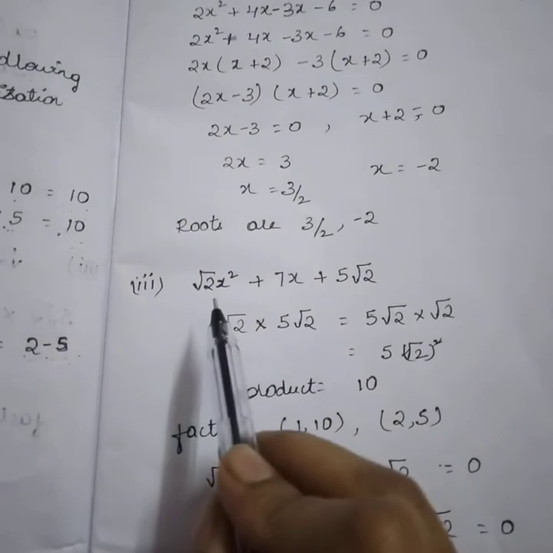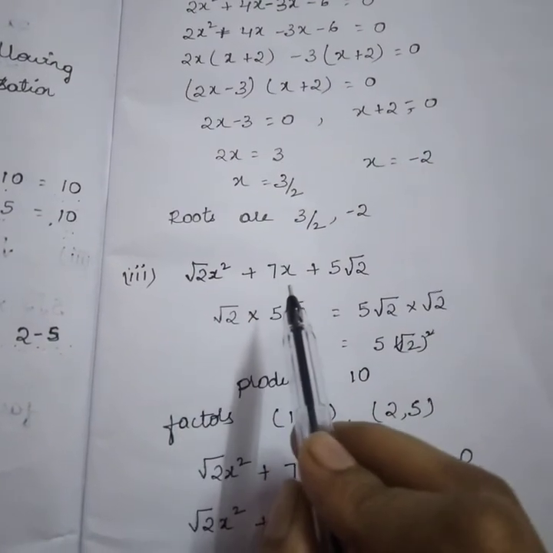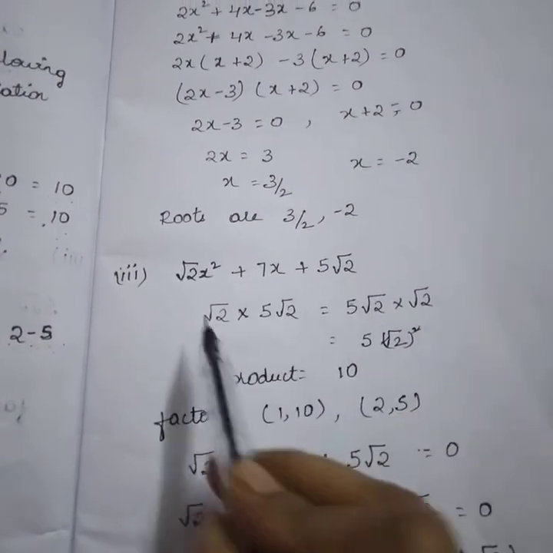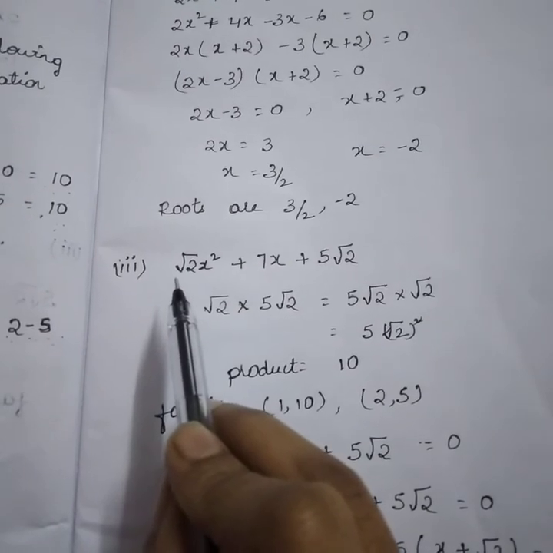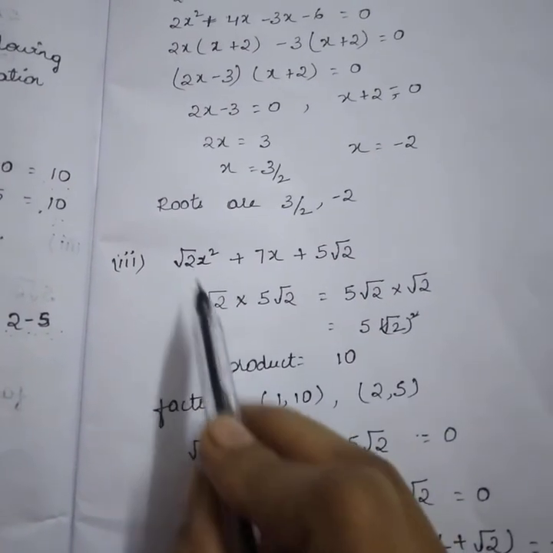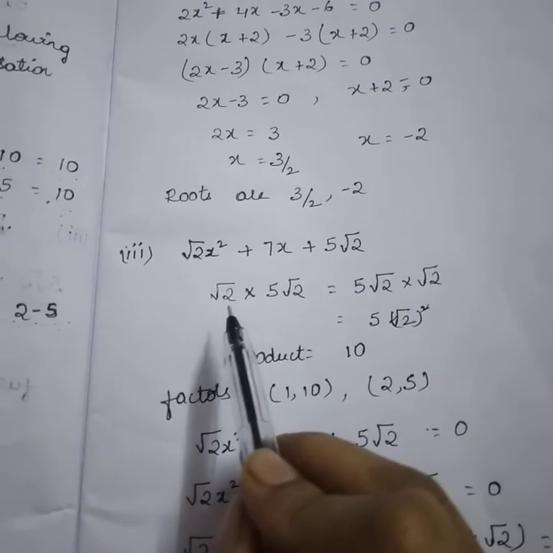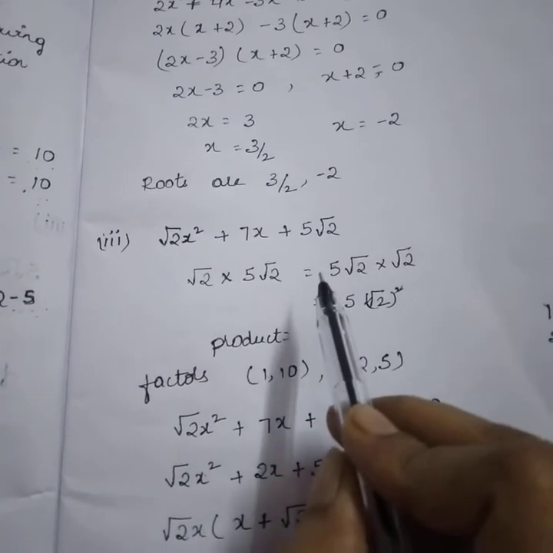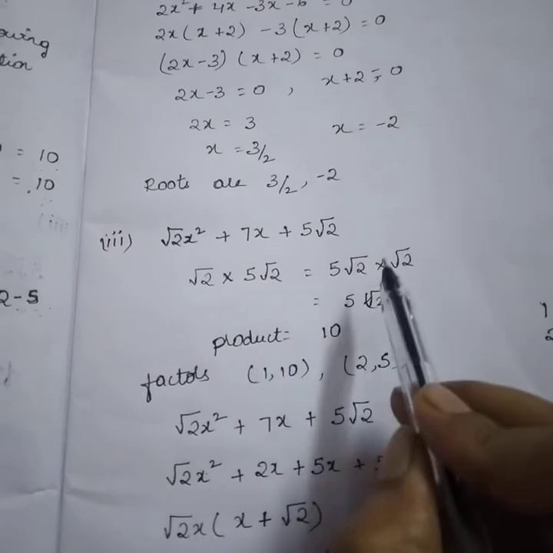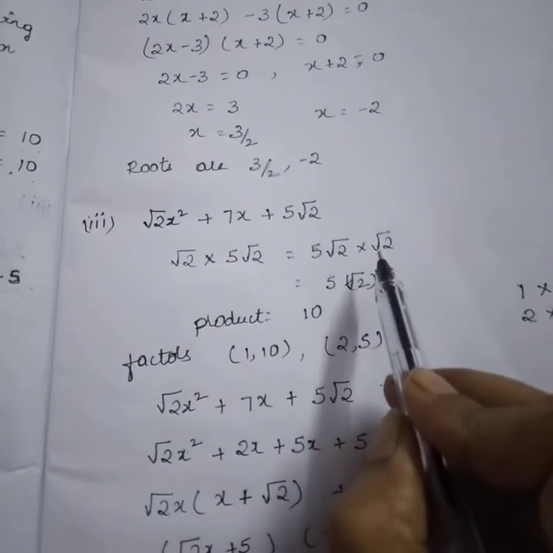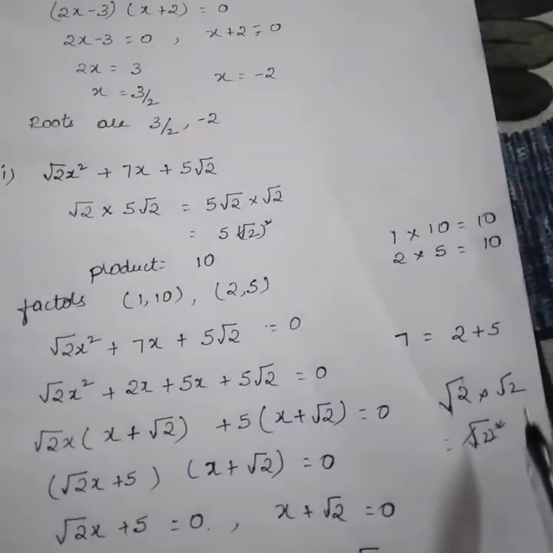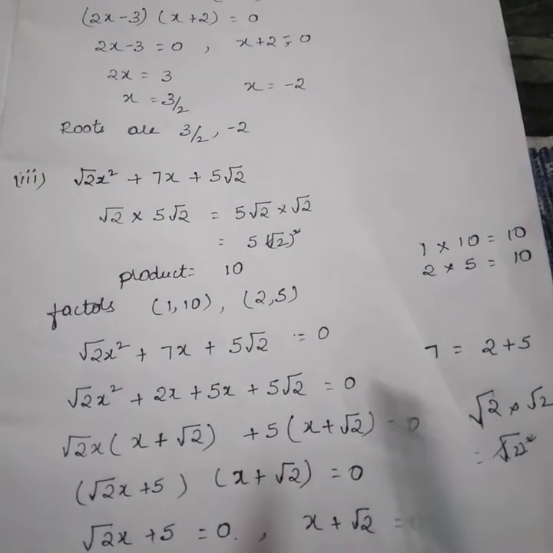Question number 3. Root 2 x square plus 7x plus 5 root 2. Multiply coefficient of x square with last term. Here coefficient of x square is root 2, last term is 5 root 2. Root 2 into 5 root 2 is equals to, we can write 5 root 2 into root 2. Here root 2 into root 2 is equals to root 2 whole square.